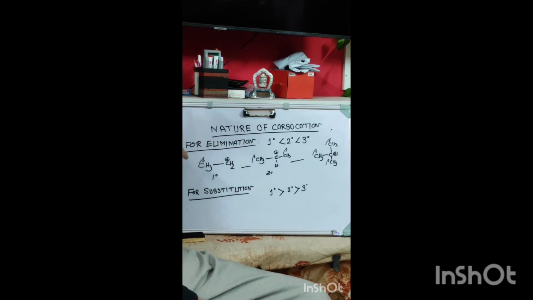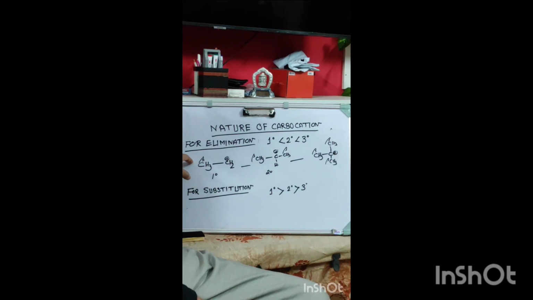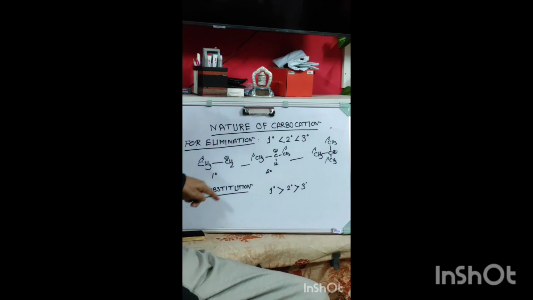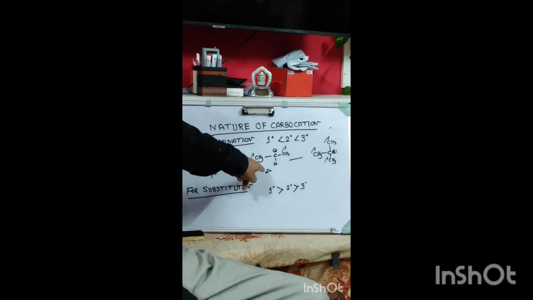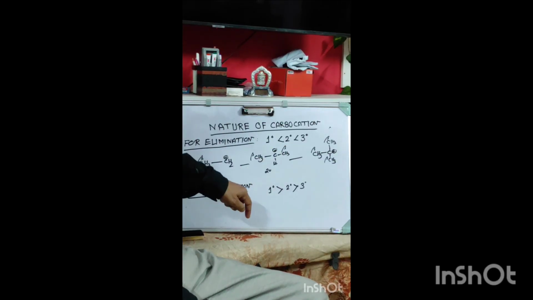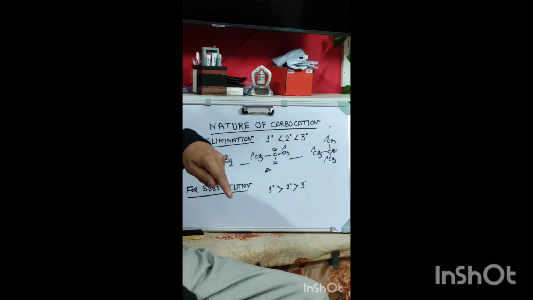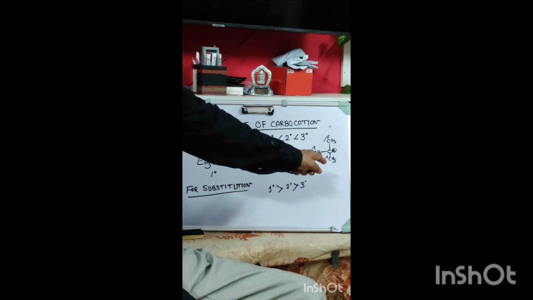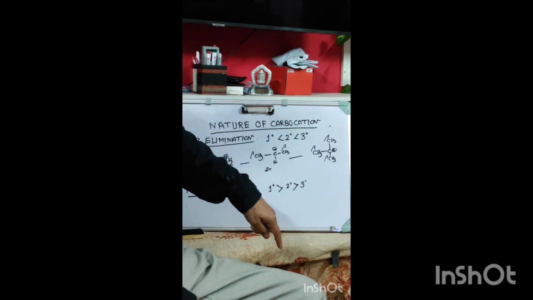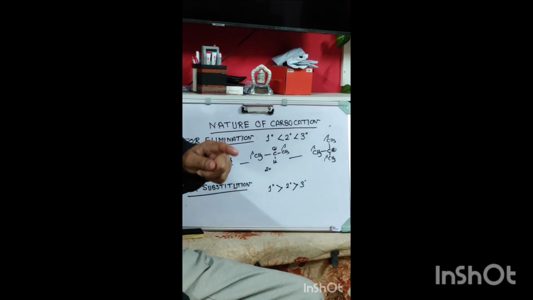This is a 1 degree carbocation. Here there is only 1 beta carbon and only 3 beta hydrogens, whereas it is 2 degree, 2 beta carbons, 6 beta hydrogens, and this is 3 degree which contains 3 beta carbons, 9 beta hydrogens.